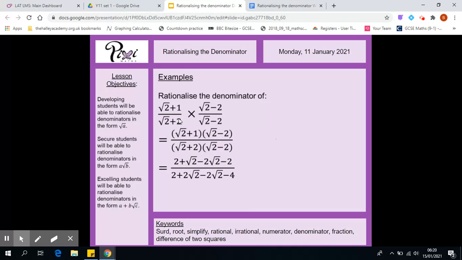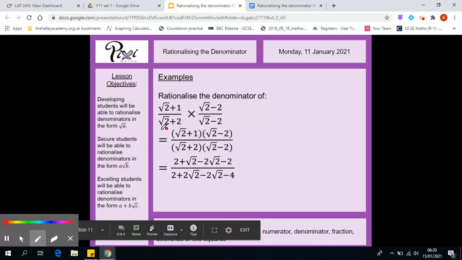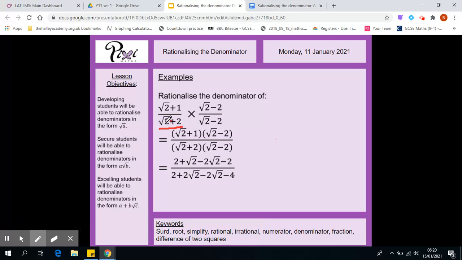So firstly, I find the opposite pair of square root 2 plus 2. The opposite pair of square root 2 plus 2 is square root 2 minus 2.